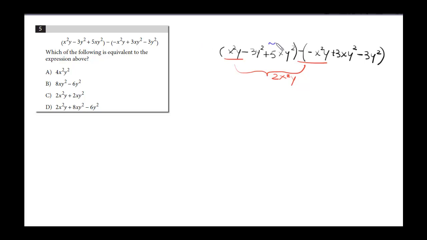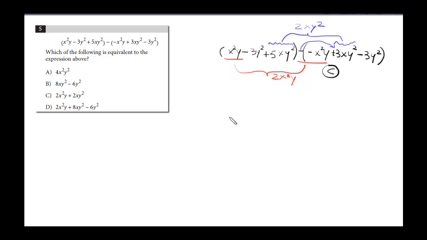We have 5xy squared plus minus 3xy squared, which will be equal to 2xy squared. Therefore, by elimination, the correct answer is going to be answer C.